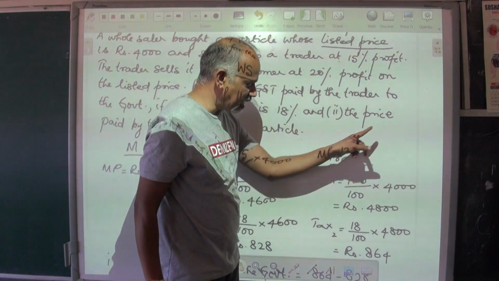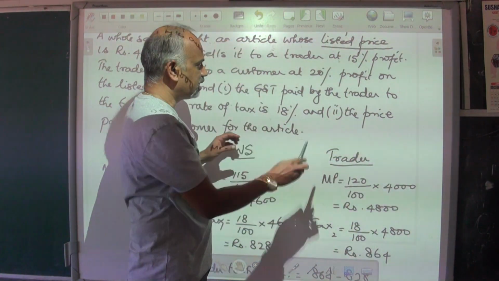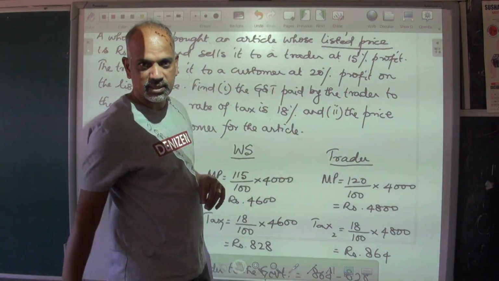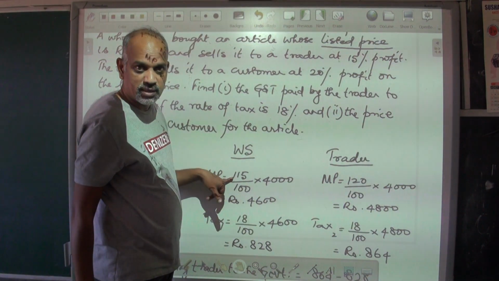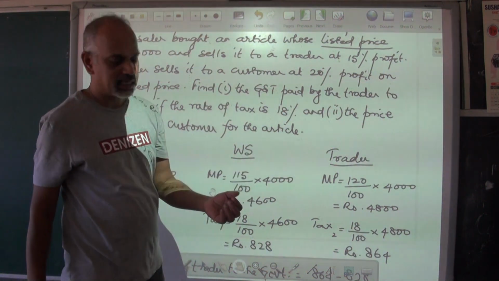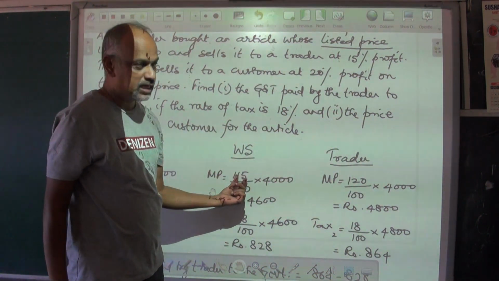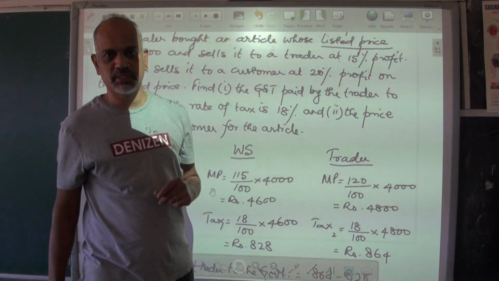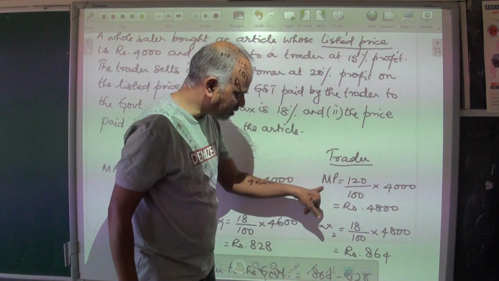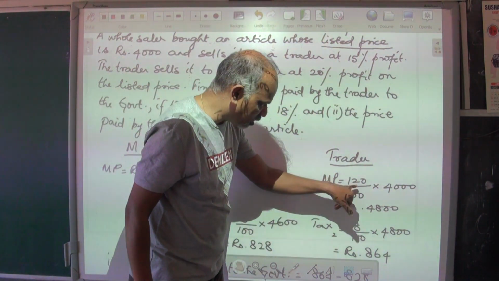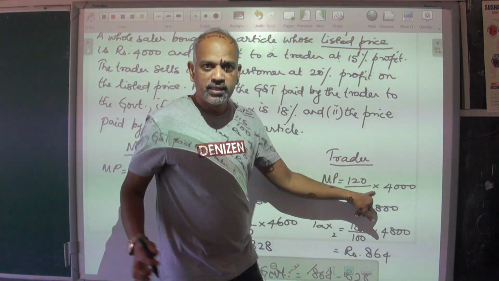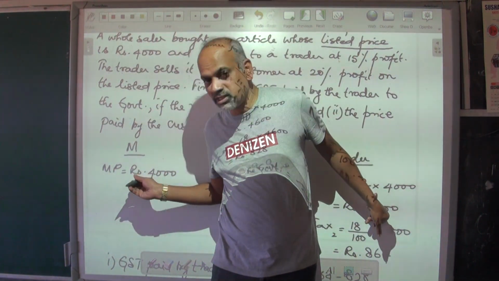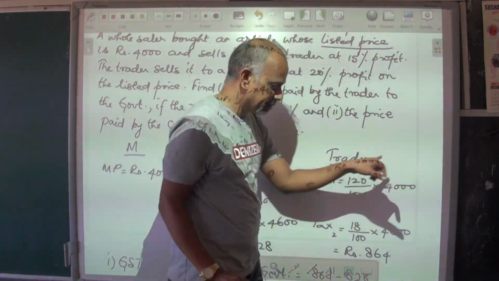So when the trader sells it to the customer, he increases the price by 20%. As I told you before, if you are going to increase it by 15%, it becomes 115%. If you are going to increase by 20%, it is going to become 120%. So the mark price is 120%, that's 120 by 100 of the actual listed price. Actual listed price is 4,000 rupees.